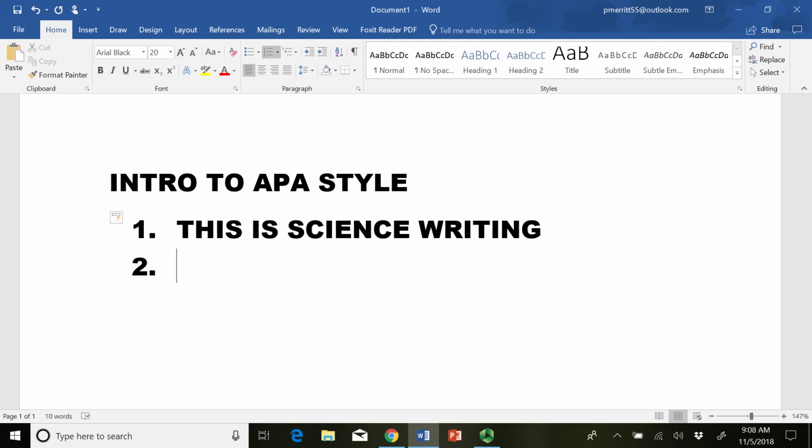It is designed to efficiently convey information. That's one of the important things to realize about APA style: this is very much a less is more style of writing. So as you are putting together your research papers, realize that efficiency of language is one of the most important things when it comes to this kind of writing.